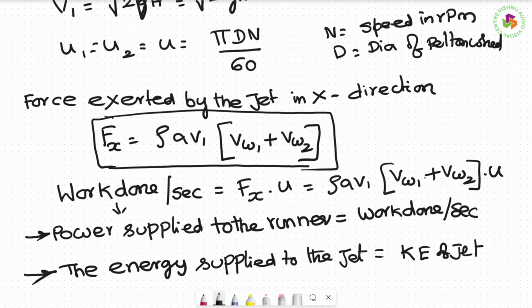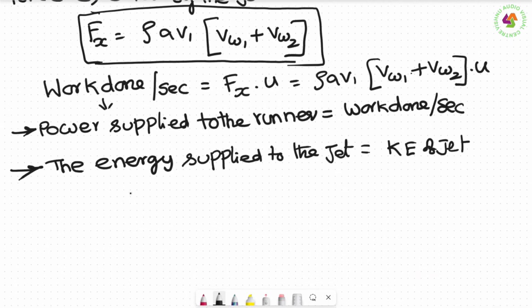Kinetic energy of jet is equal to half into rho A V1 into V1 square.